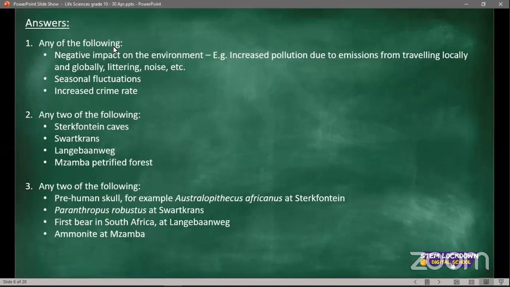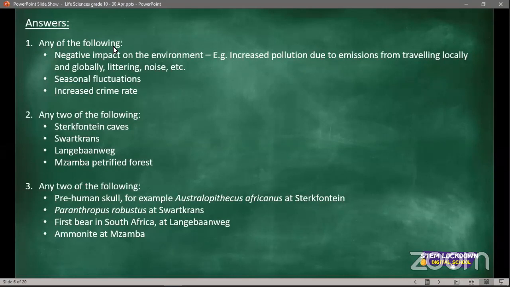So fossil tourism does destroy the land, and it falls under the first bullet point where I mentioned that fossil tourism has a negative impact on the environment. For example, it causes an increase in pollution due to emissions from traveling locally and globally.